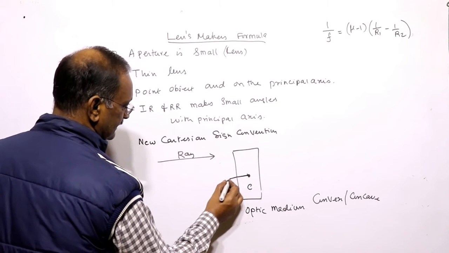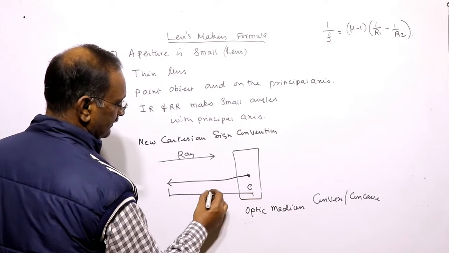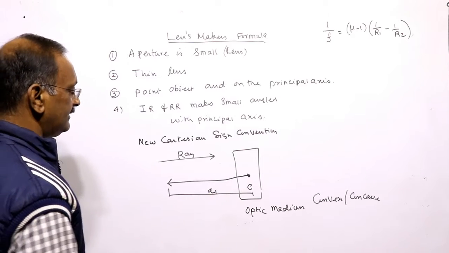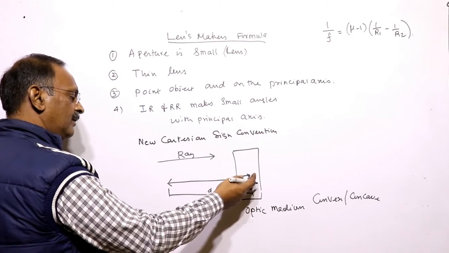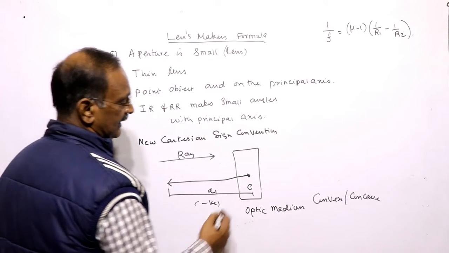If you are measuring a distance against the ray direction, say this distance d1, then it is taken as a negative distance. That is, if you are measuring from the optic center against the ray direction, it is a negative distance.